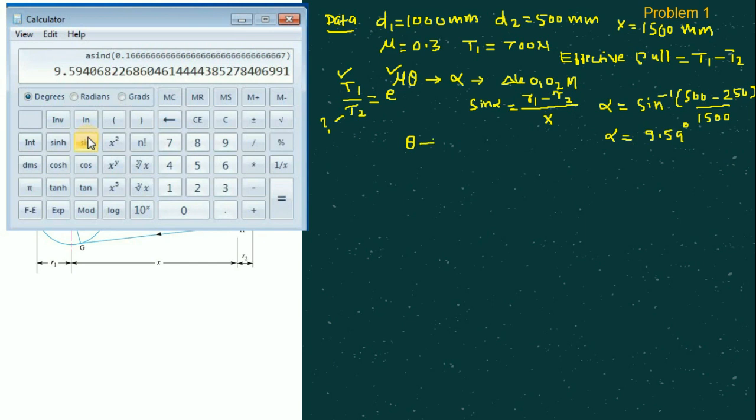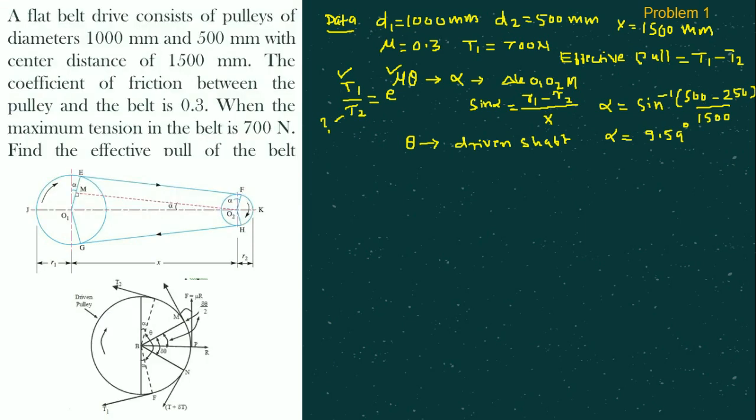Normally this theta value is calculated on the driven shaft. Let's see the relation between theta and alpha. If you consider this, this is the angle of contact, from here to here.